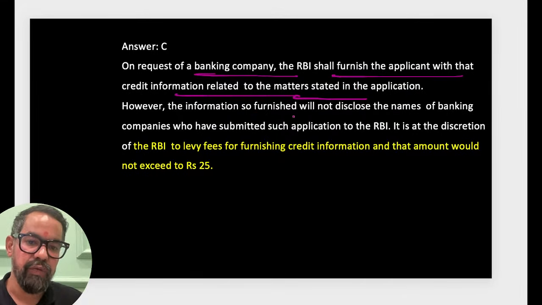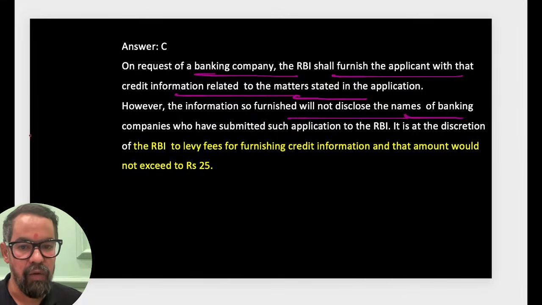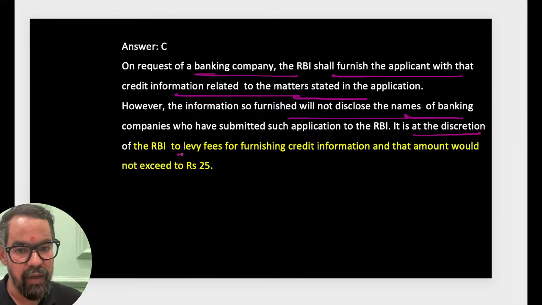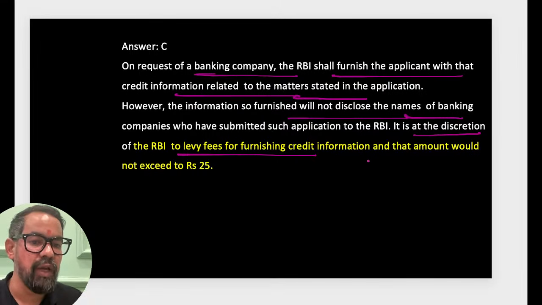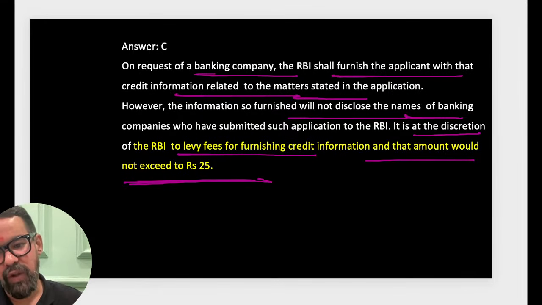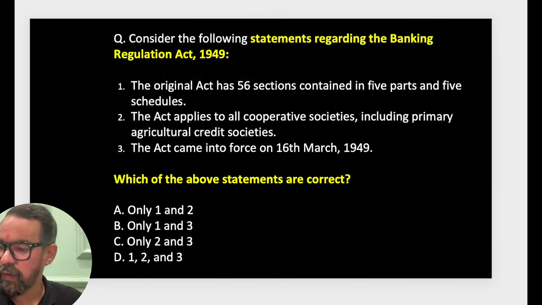The information so furnished will not disclose the name of banking companies who have submitted it. It is at the discretion of RBI to levy a fee for furnishing credit information, and the amount could be a maximum of 25 rupees. Okay, next one guys.